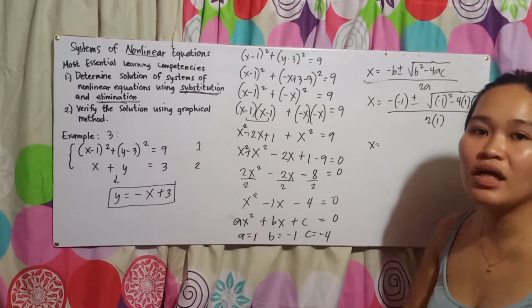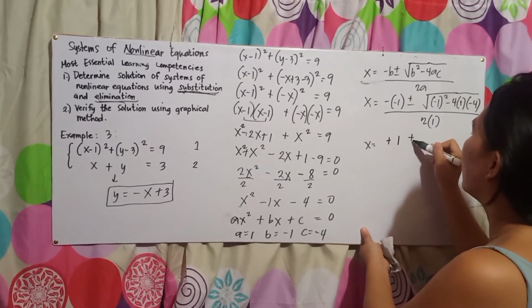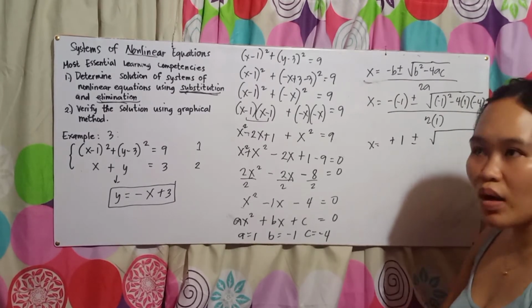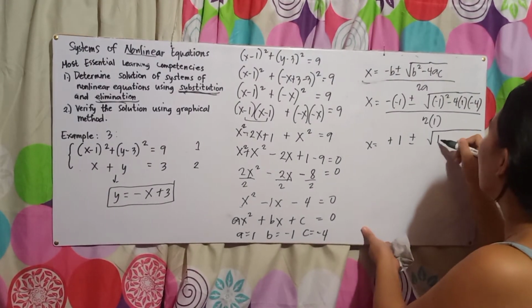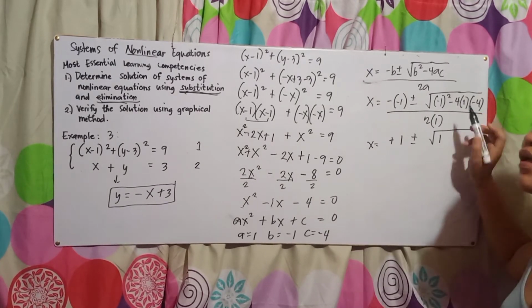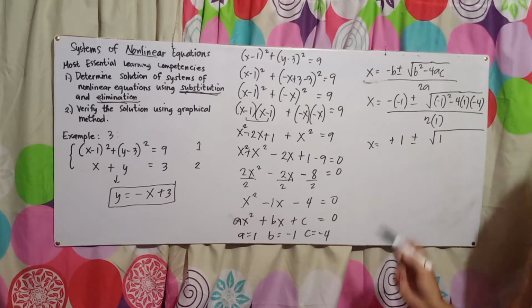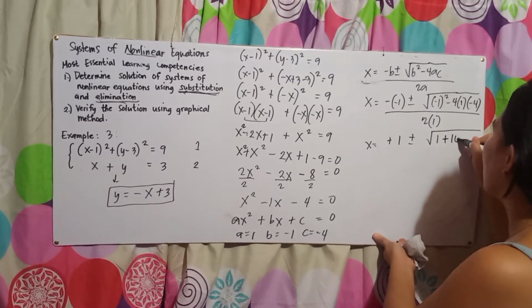So, negative times negative is positive. So, positive 1. So, 1 squared, 1 times 1, negative 1 times negative 1 is positive 1. So, negative 4 times 1 is negative 4. Negative 4 times negative 4 is positive 16.